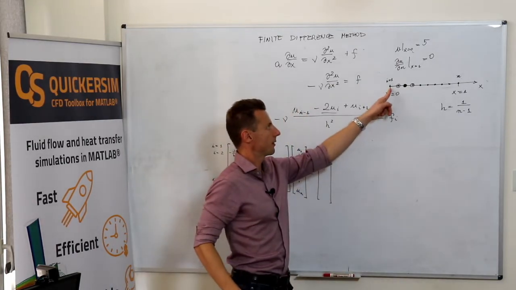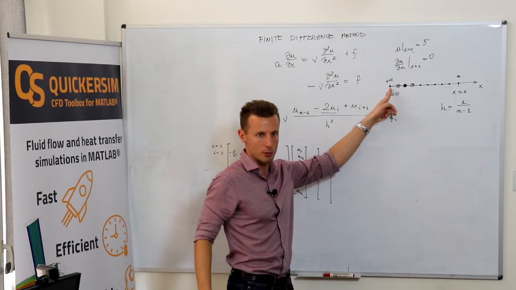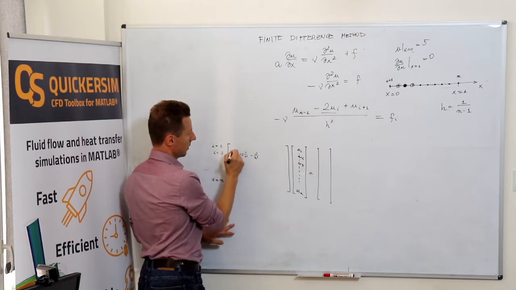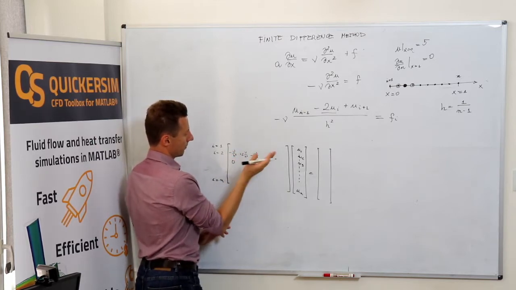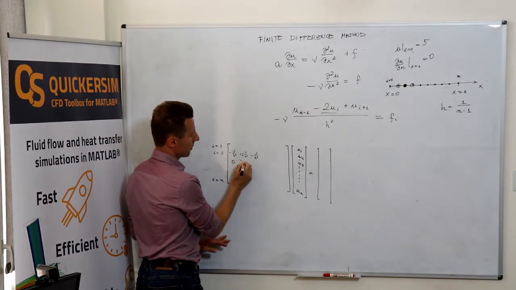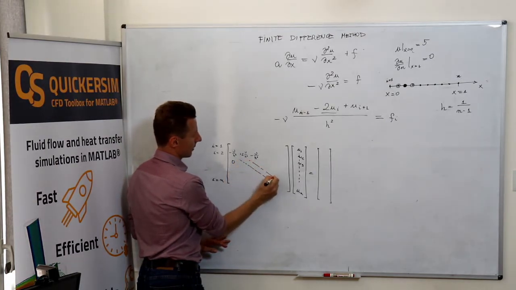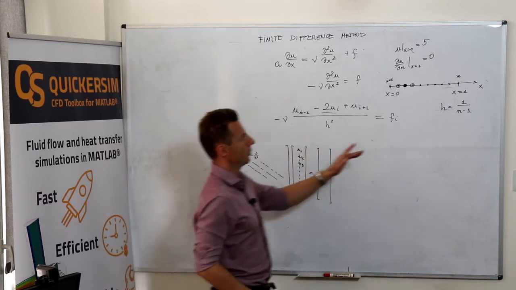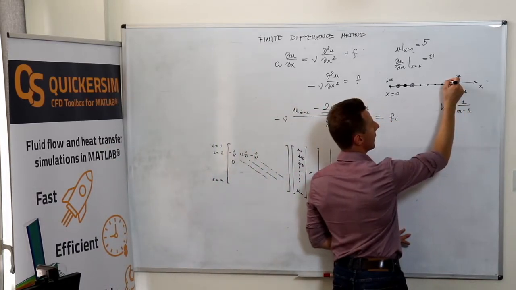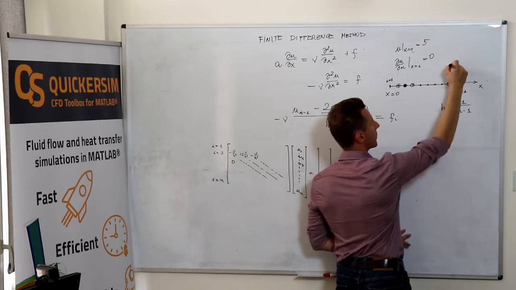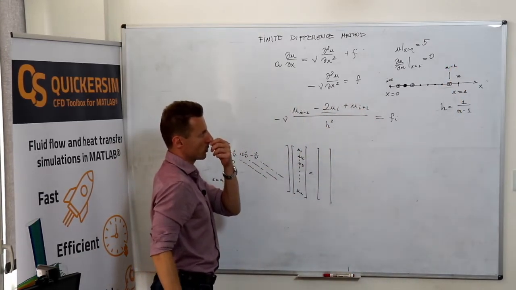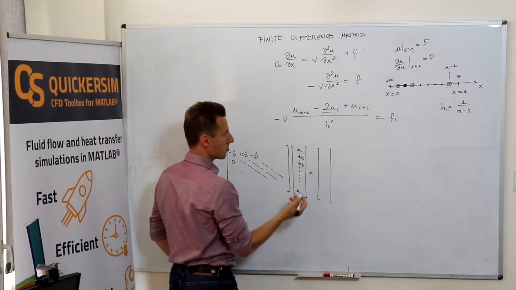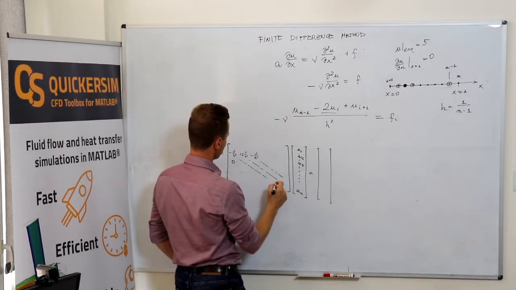So clearly, there is nothing from node 1 that would contribute to the equation. So we've got 0. This one is shifted. And what you would observe in the matrix structure is that these terms go until you are writing the equation for node n minus 1, because that's the last node for which you can write the equation in its full form.